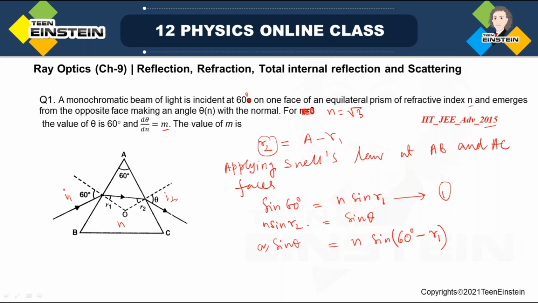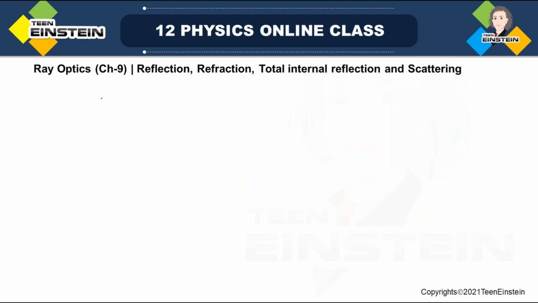Now this part, I'll take this equation forward. Sine theta is equal to n into sine of 60 degree minus R1.